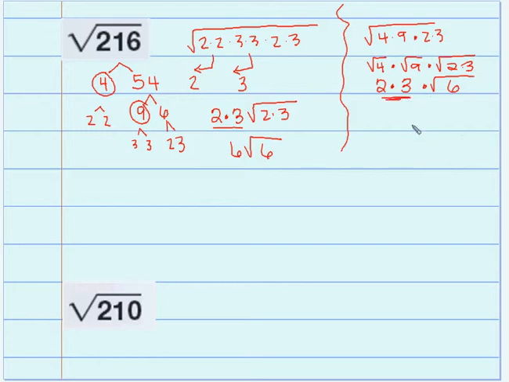And I need to simplify this. 2 times 3 is 6. Square root of 6. So that's your answer, that the square root of 216 simplifies down to 6 square roots of 6.